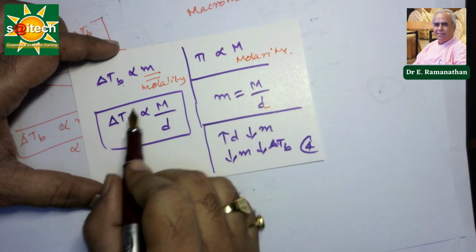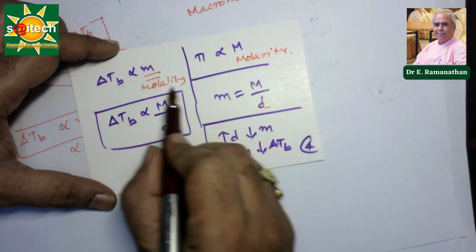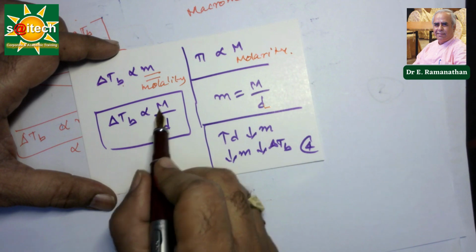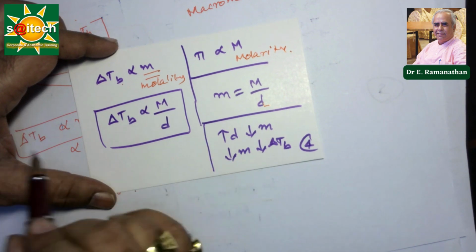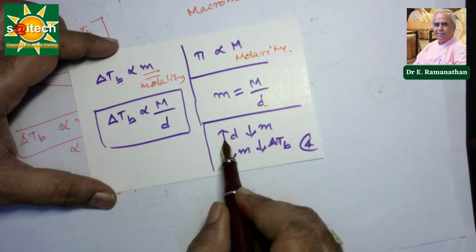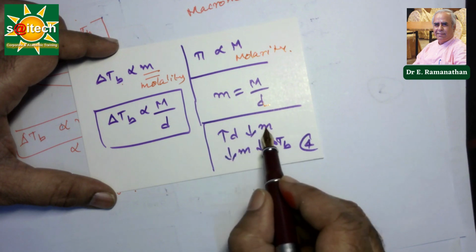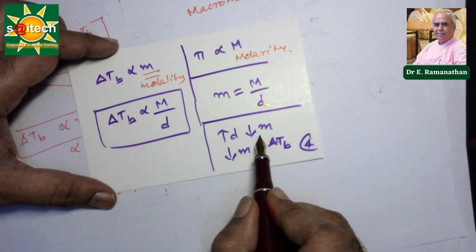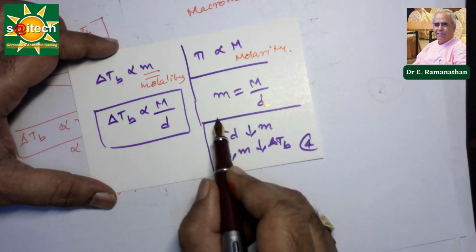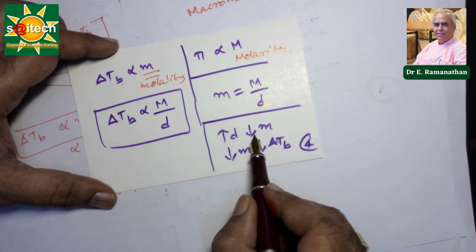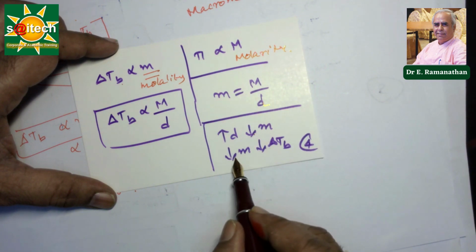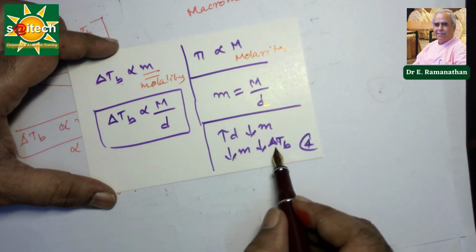So delta TB, now let us replace this m by M by D. So it becomes delta TB proportional to M by D. Now look at this. When the density increases, molality decreases. Am I right? Okay. When the density increases, molality comes down. When the molality comes down, naturally elevation of boiling point will come down.